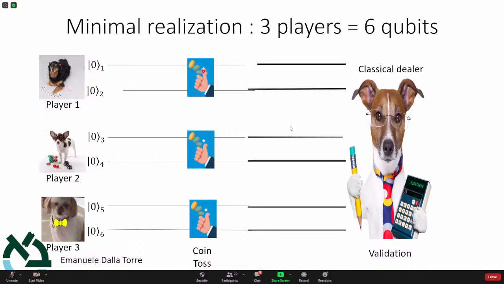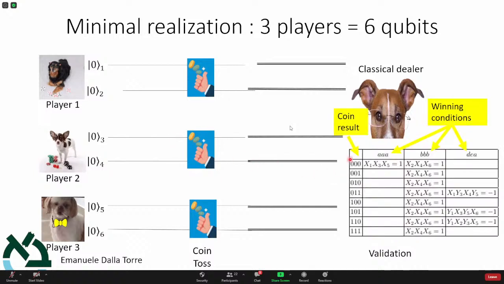This is the no locality. So each player lives on its own. It tosses the coin and is not allowed to tell the other players the result of the coin. So you end up in a situation where you know the result of your coin, but you don't know the results of the other coins. As a consequence, you don't know what the rules of the game are, and hence you cannot win always, because you can choose a strategy that will allow you to win many times, but not all the time.